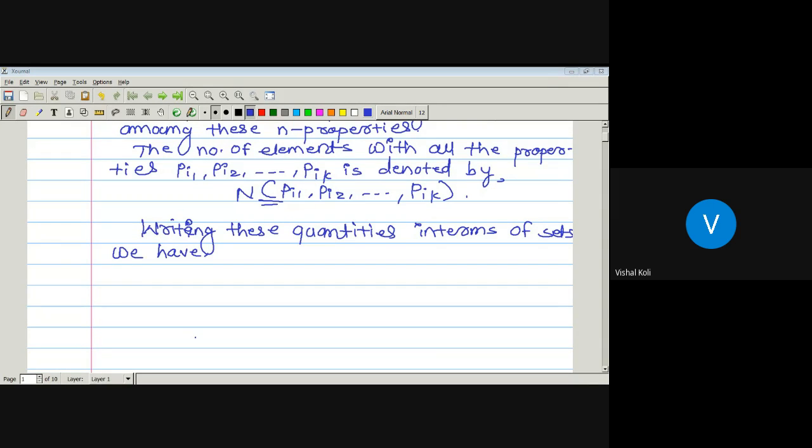It means here we have to take the intersection of all those sets. So the intersection of Ai1, Ai2, Ai3 and so on up to Aik is nothing but the cardinality of Ai1 intersection Ai2 intersection up to intersection Aik. It means the number of elements with all the properties Pi1, Pi2 up to Pik, and that is nothing but n of Pi1, Pi2 up to Pik.